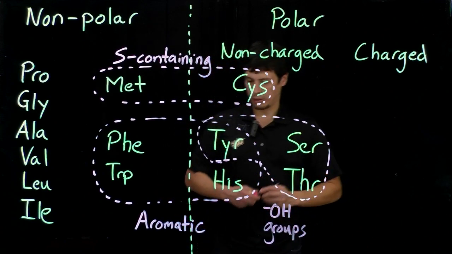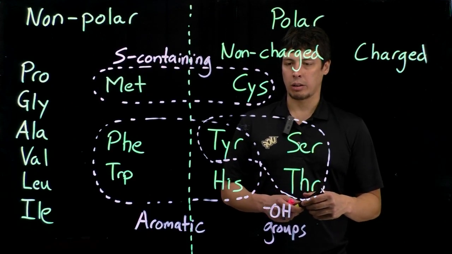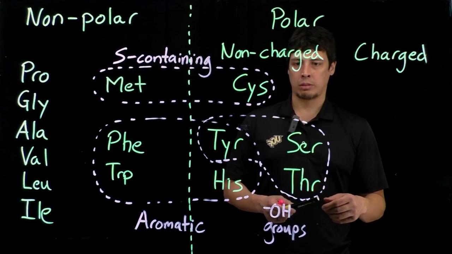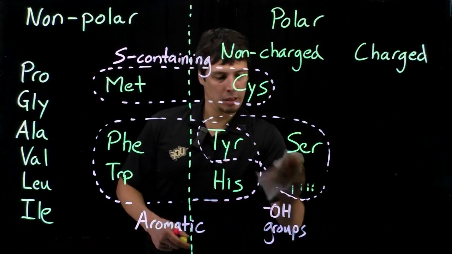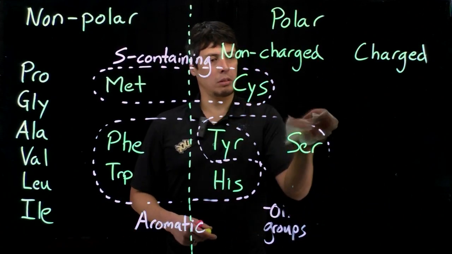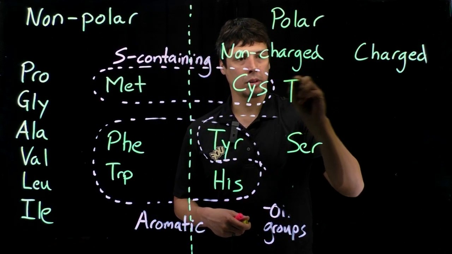All right. And then let's look at our charged. Actually, I'm going to move this guy. So this makes a little bit more sense. It's going to look a little bit easier. Sorry about that. Go to threonine.